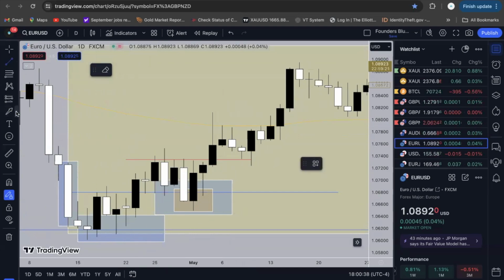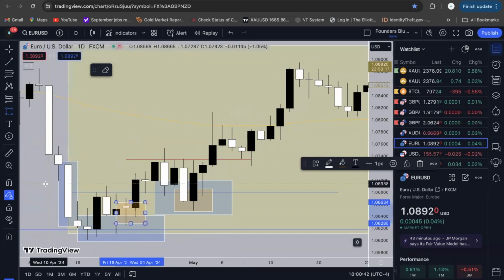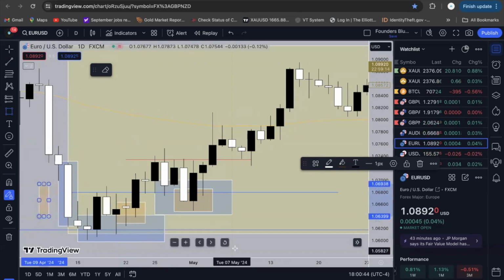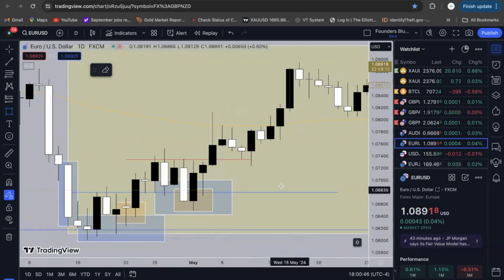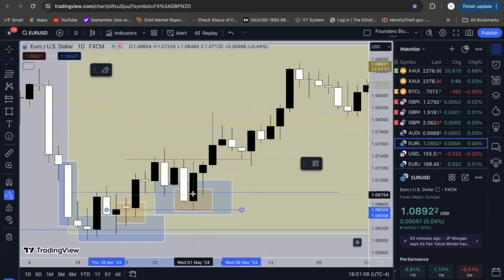What is this right here, y'all? A higher low. Support or resistance? Support. So look what it tested.